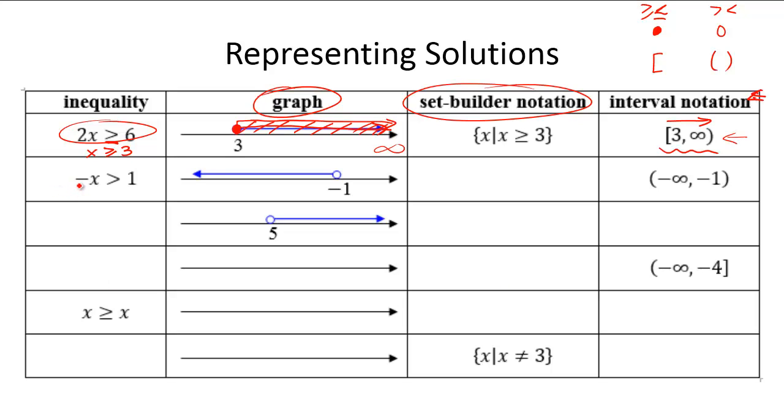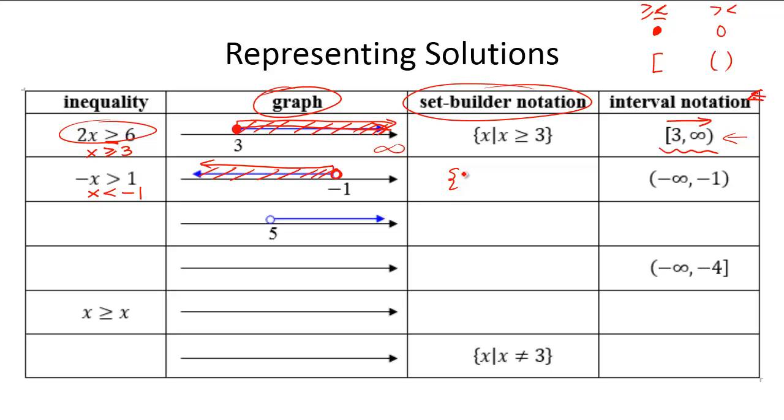Let's try the next one. This one says -x is greater than 1. Well, if we solve that, we'd have to multiply both sides by a negative, resulting in x compared to -1, but the sign would change because we multiplied by a negative. So we'd have x is less than -1, not including, so we have an open circle at -1, and everything less than that is being shaded.